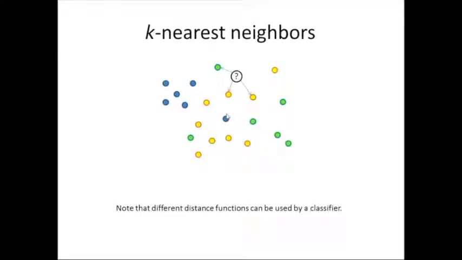Note that mathematically there are multiple ways to define a distance function. We can use standard Euclidean distance, we can use Manhattan distance, there are multiple other distances. So in fact, it's not an approach specified in all the details. It is k-nearest neighbors.